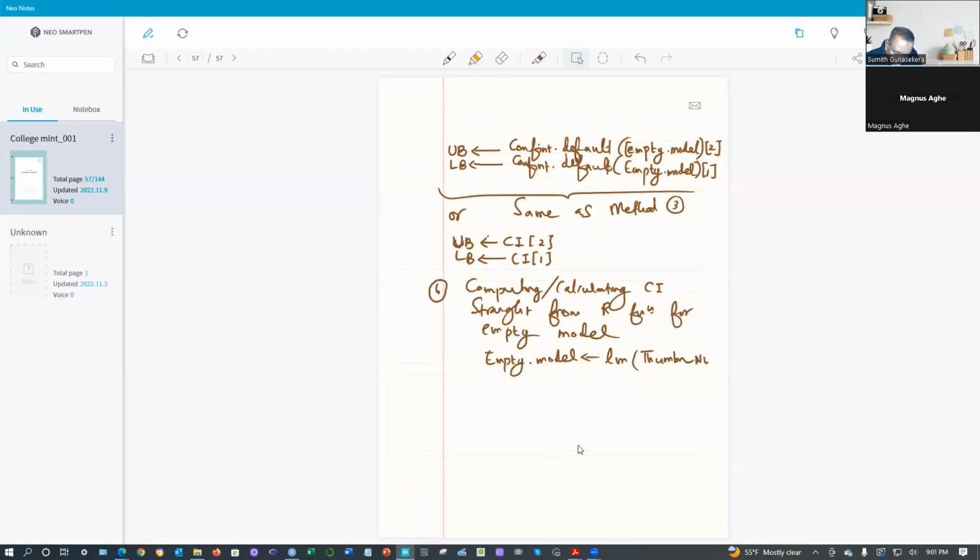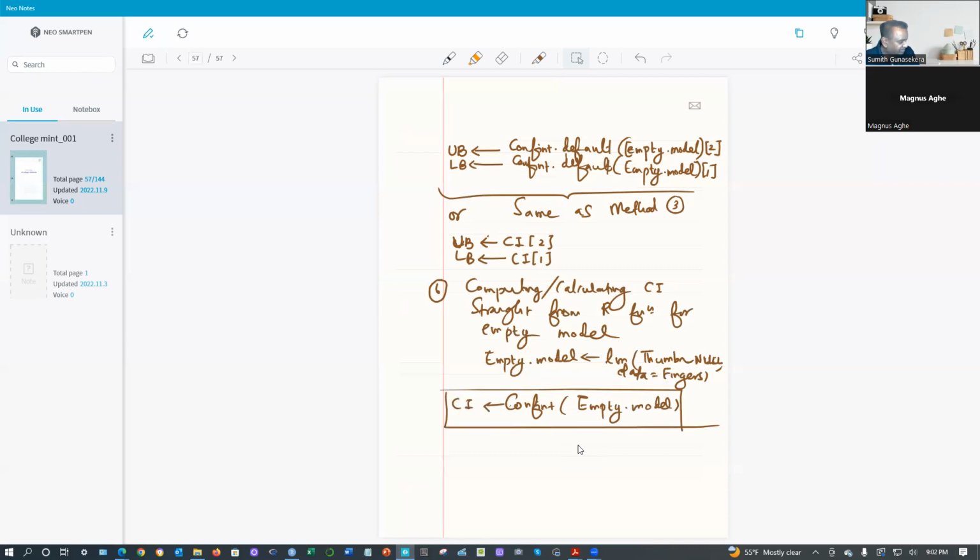And null, and data would be fingers. Okay, and this time you are using confint, not the default. If you want, you can save this one to confidence interval.